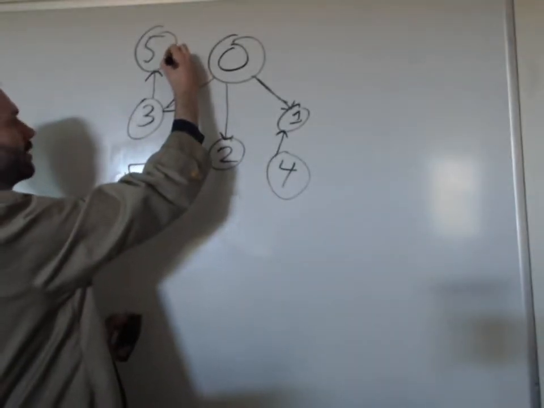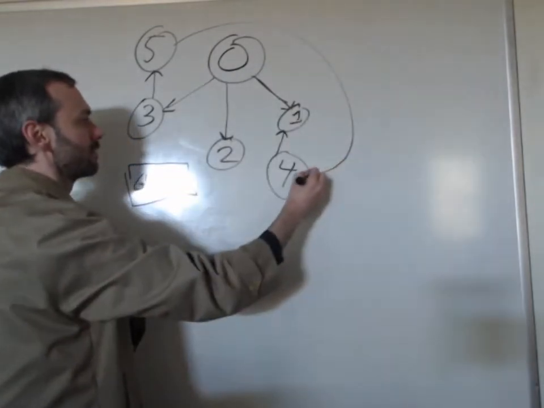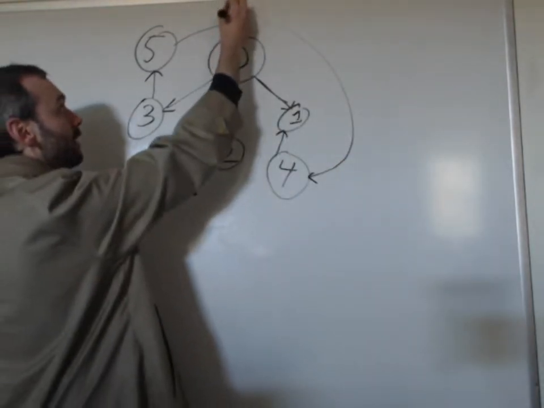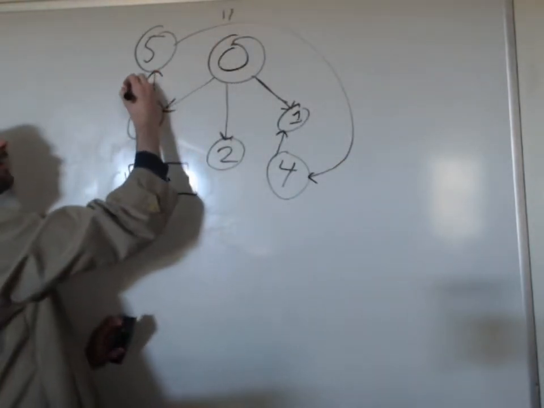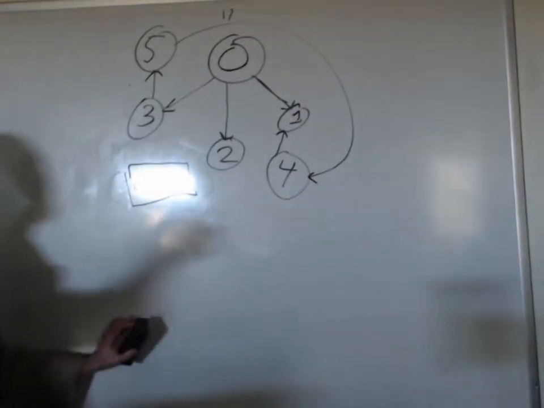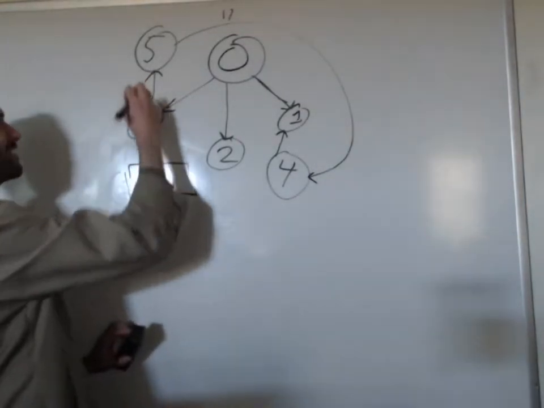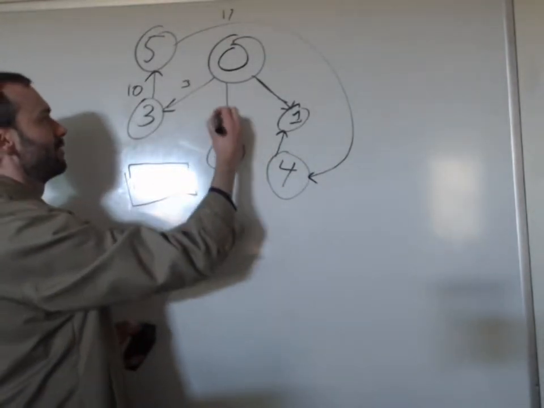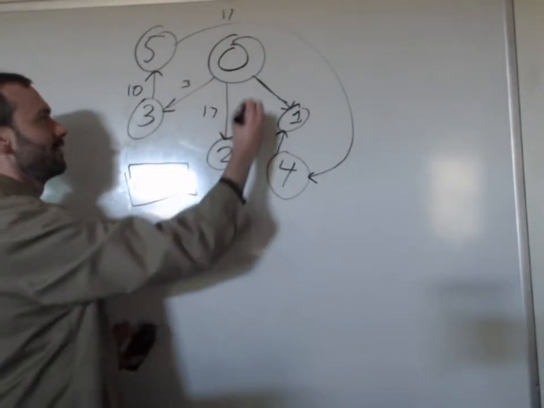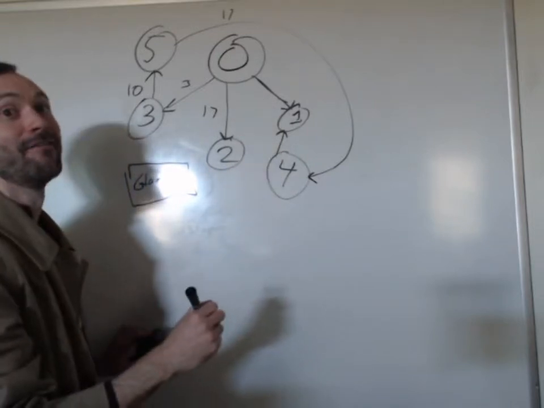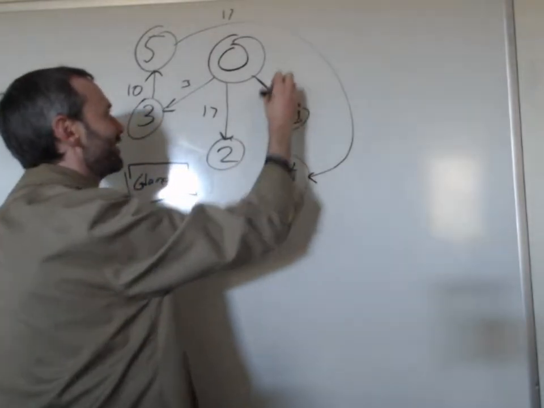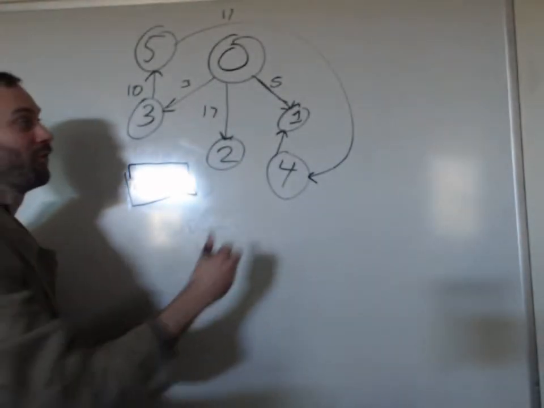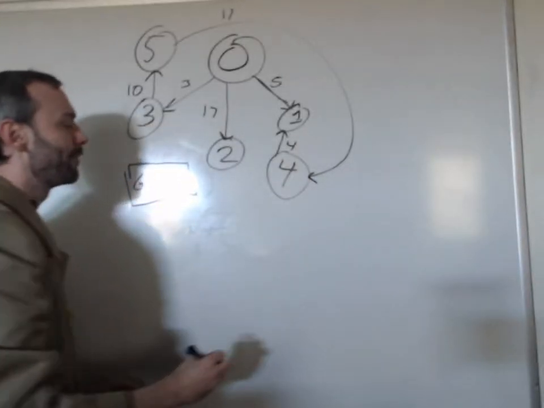Give me some values. 11. 10. 3. 17. 11 divided by 2. 5. And 4.